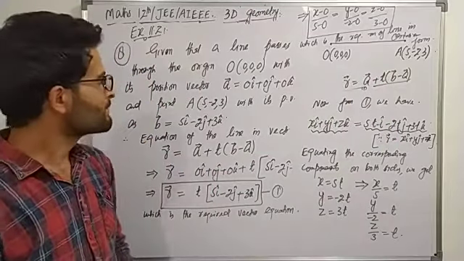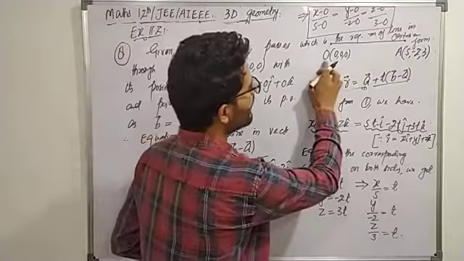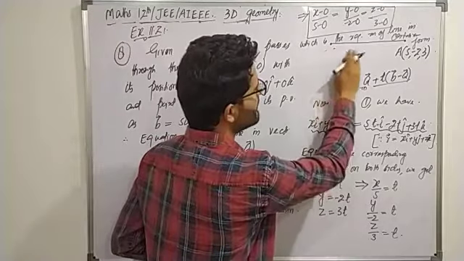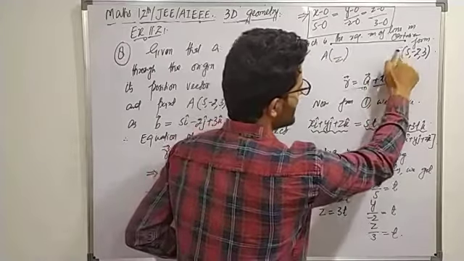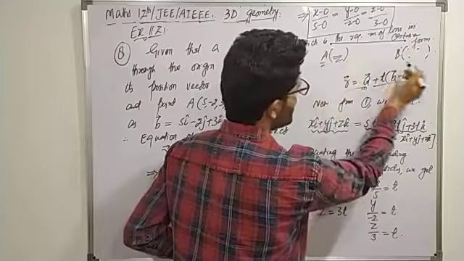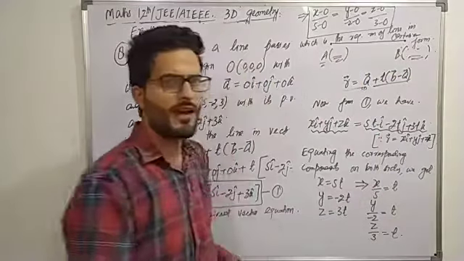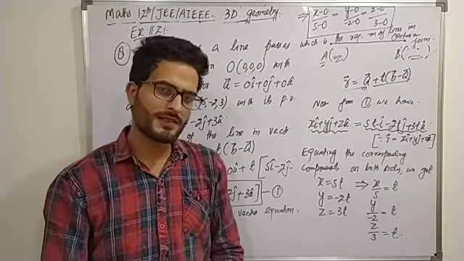Now again, this was question number 8, and in question number 9 we have instead of origin a different point. Suppose this is A, it has the given coordinates, and here it is B, it has some other coordinates. So A's coordinates are given separately, B's coordinates are given separately, and you need to find the equation of that line both in vector form as well as in Cartesian form.